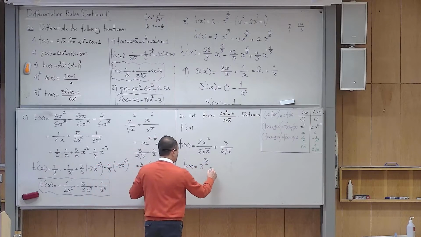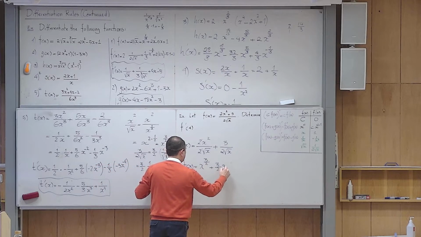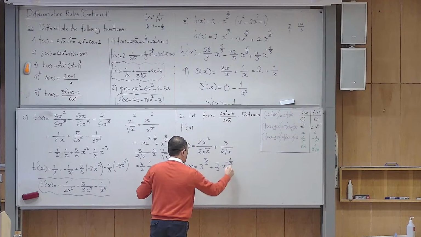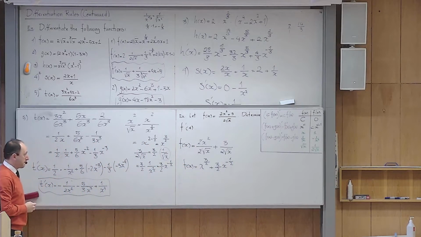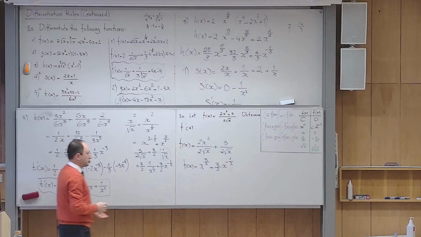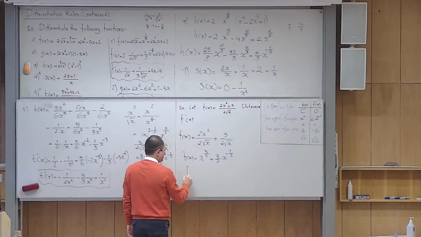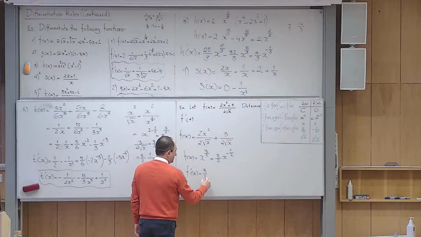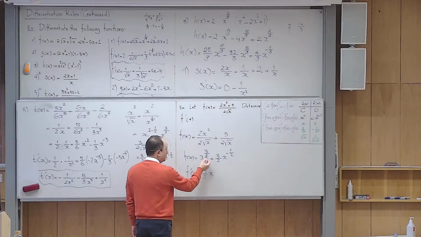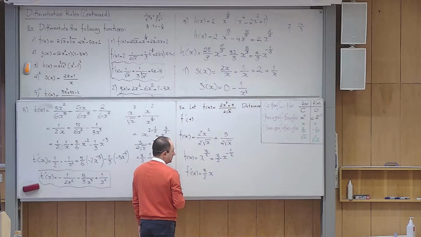So I will write it here. Now the function is ready to be differentiated. So I differentiate the function now. So 3 over 2 goes down. X to the power of 1 unit less. 3 over 2 minus 1 is how much?